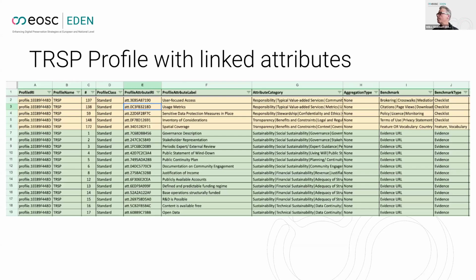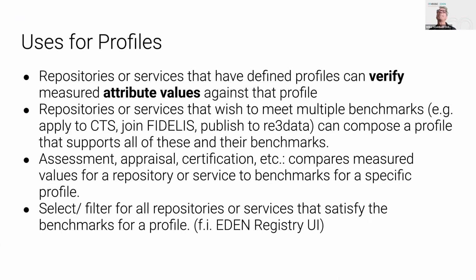So this is an example. It's a bit cryptic, but this is the RDA TSRP profile, and there are attributes linked to it. These are the attributes, not all of them, that are grouped into the TSRP profile.